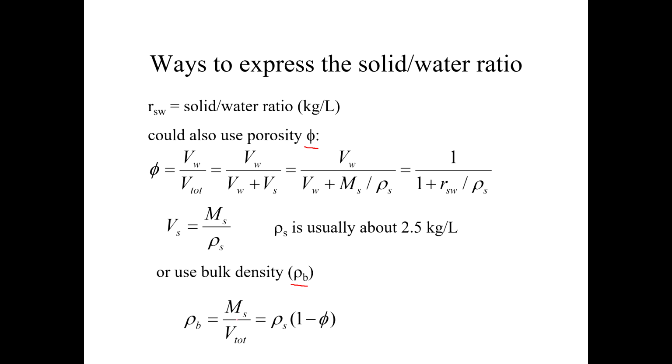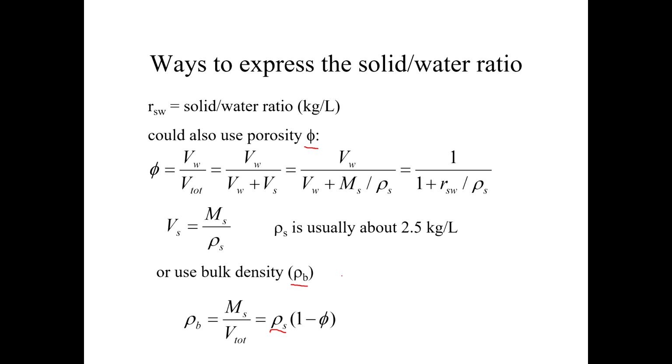The bulk density is the mass of solids per volume of the aquifer. Okay, and so it's the density of the solids times 1 minus phi, because phi is the volume of water per the total volume. So if this is phi, then 1 minus phi would be the volume of the solids per volume, and then to convert that to mass of solids, you'd have to multiply by the solid density.